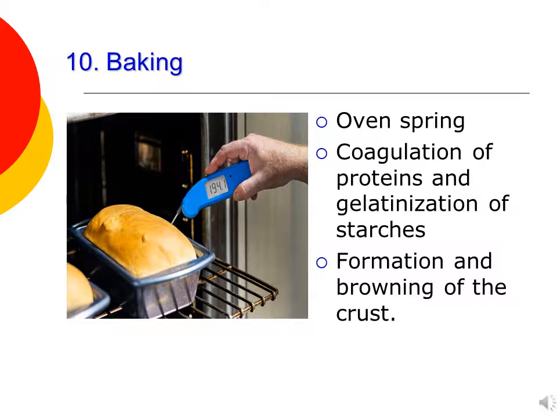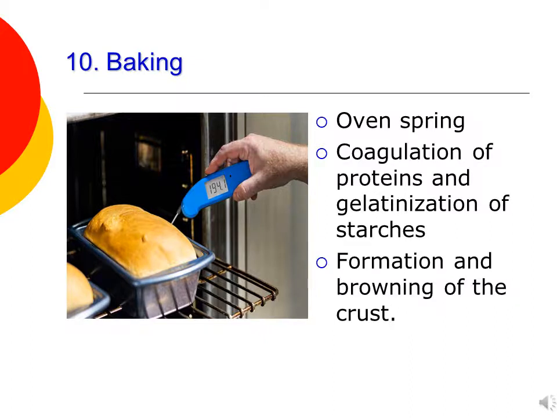Generally, breads are baked in conventional ovens or combi ovens. Rapid rising of bread in the oven due to production and expansion of trapped gases as a result of the oven heat is called oven spring.